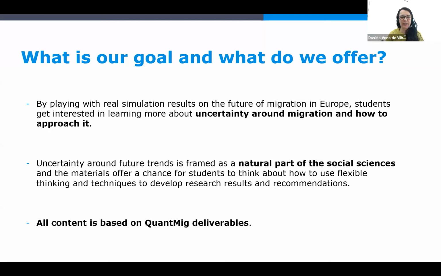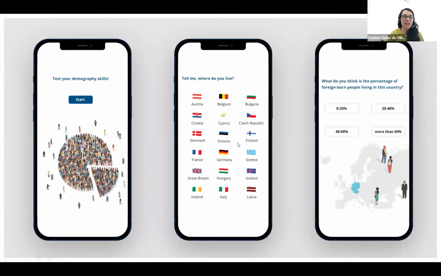Everything that is in these deliverables is based on QuantMig reports and more technical deliverables. Here I show you, at the end it doesn't look exactly like that, but it looks pretty much like that, this was a first example that the company sent us. So this is how the quiz looks.